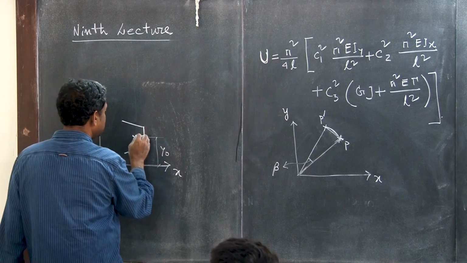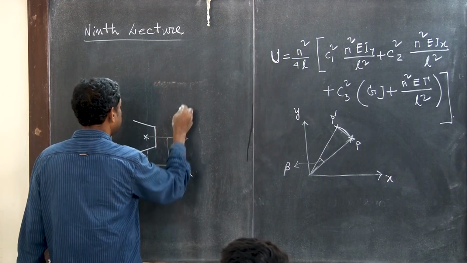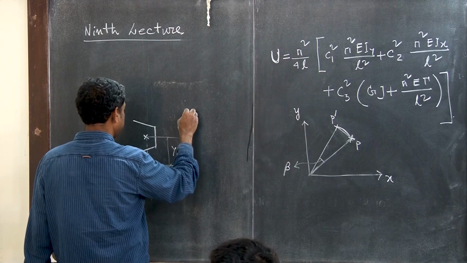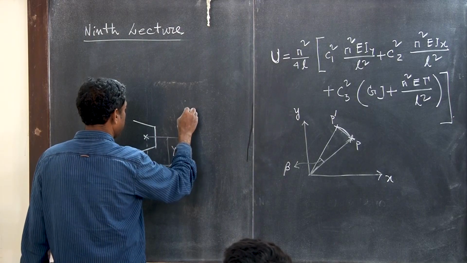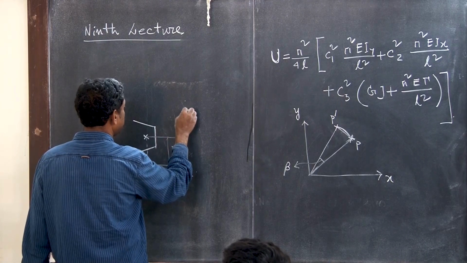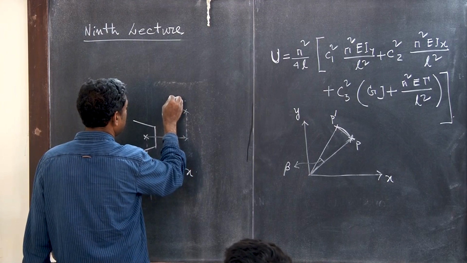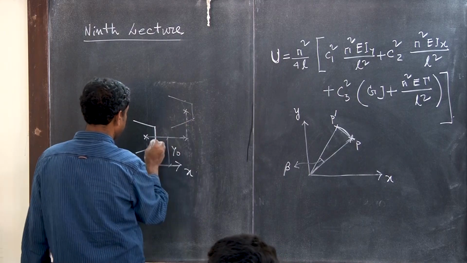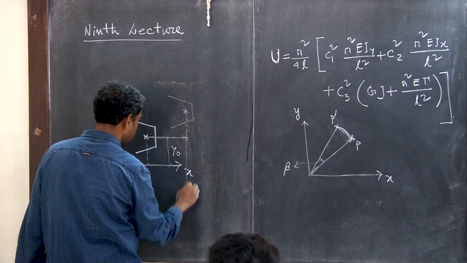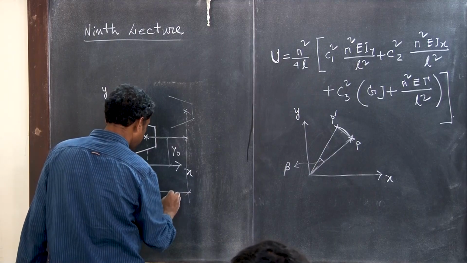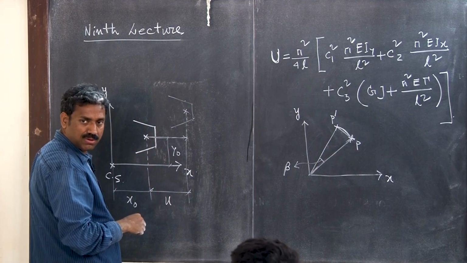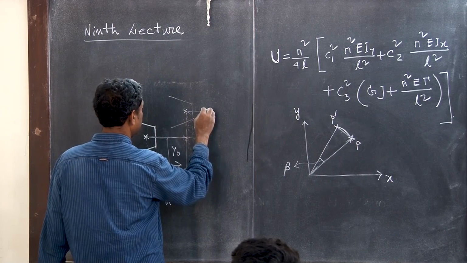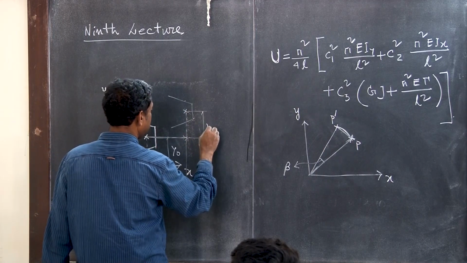Now, from this CG it goes to another point, somewhere here. What is that from here to here? This is u, and from here to here this is V.